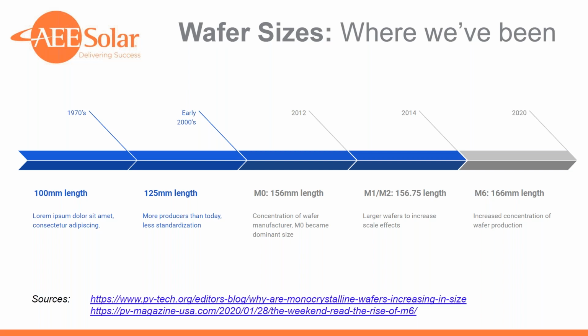I didn't feature here some of the really large sizes, and we'll see that on the next slide, but if you pay attention to the news like I do, you've been bombarded by articles this summer about 550 watt commercial modules and 600 watt modules, and that's a function of increased wafer size and increased module size.